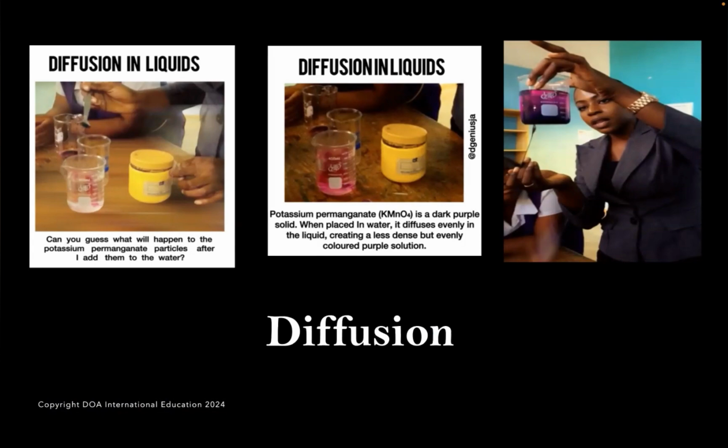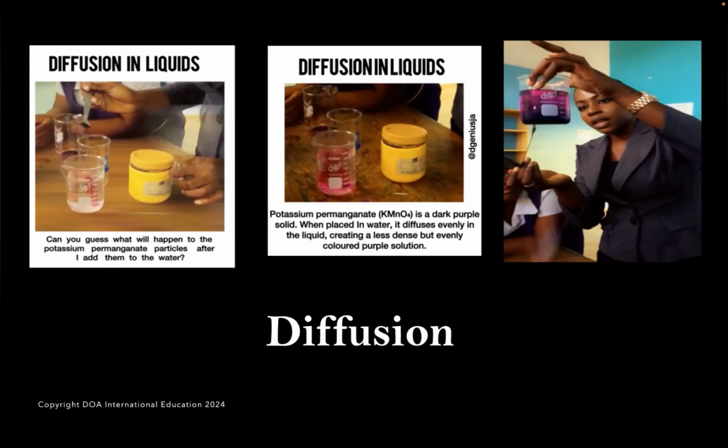Now, here I am showing my students that if I take a spatula full of potassium permanganate, KMnO4, and I place it in water, yes, it will diffuse, or move randomly in the liquid until it is evenly distributed, right?